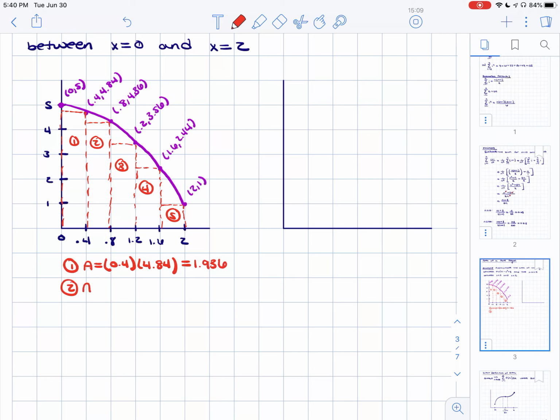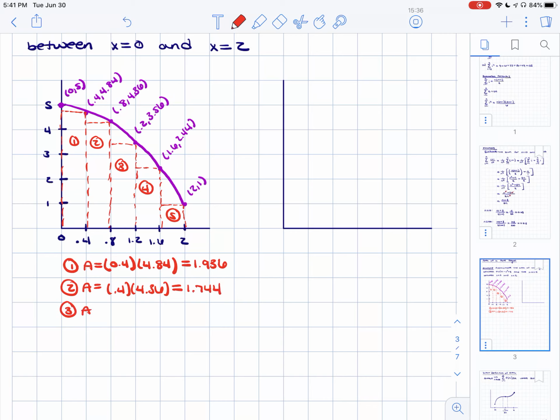For number 2, again this is a distance of 0.4, and then this distance right here would be the 4.36. That's going to give us 1.744.